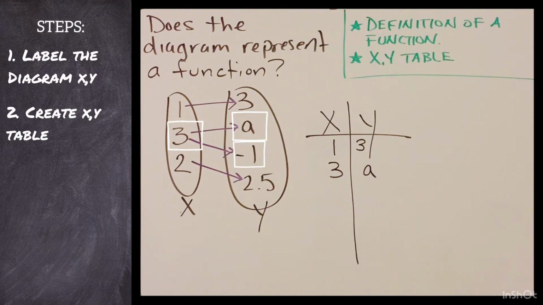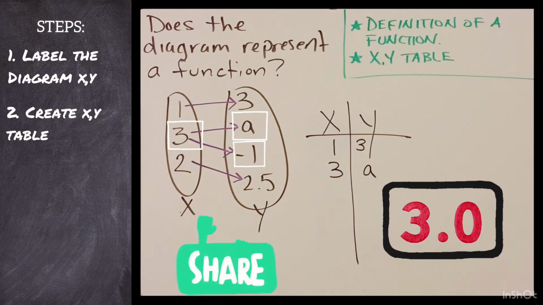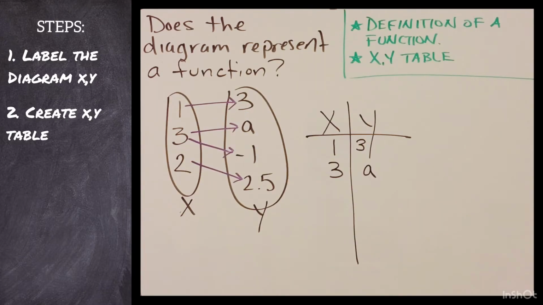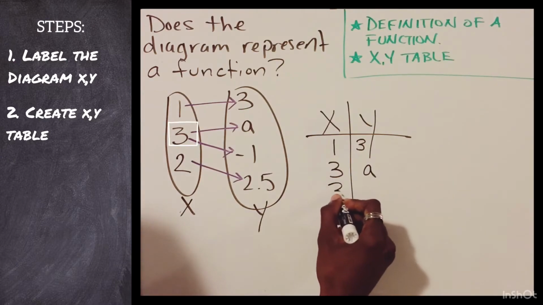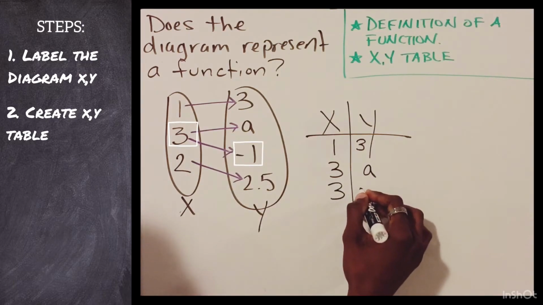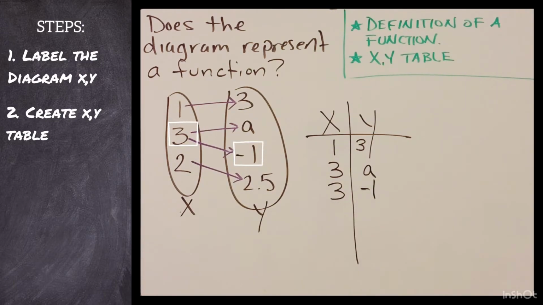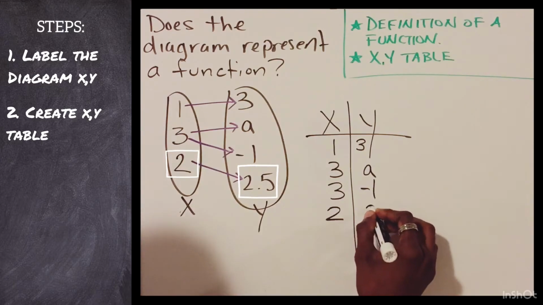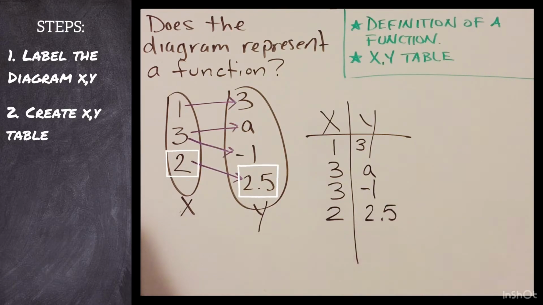Well, how do we do that? I'll give you 5 seconds. Now check it out. What we're going to do is write another 3 in the x column, and we're going to make that go towards -1 in the y column. Then we'll go to our 2, and that's connected to a 2.5 in the y column. That completes our XY table.